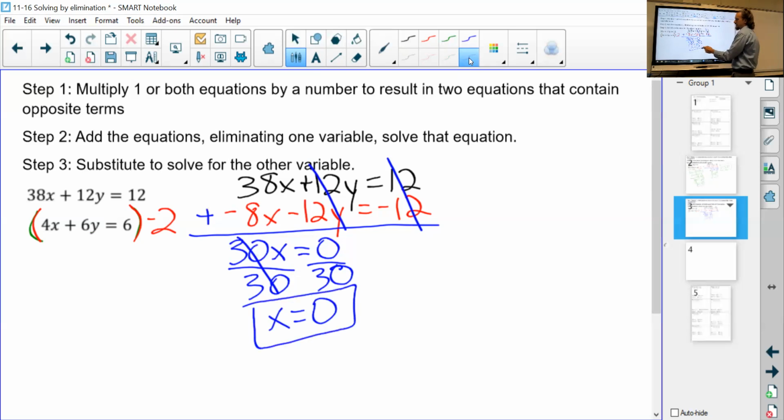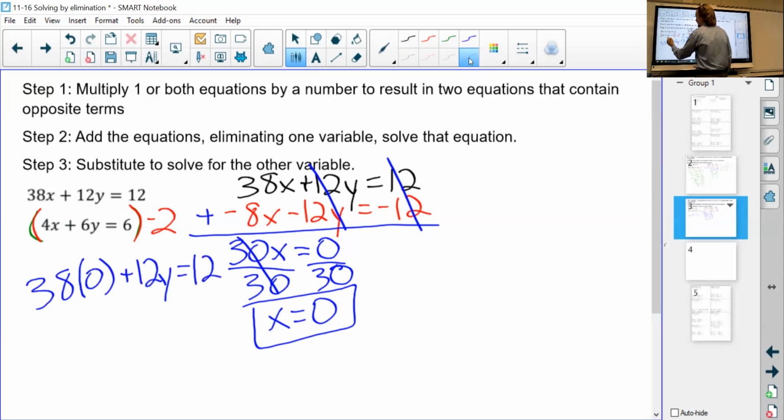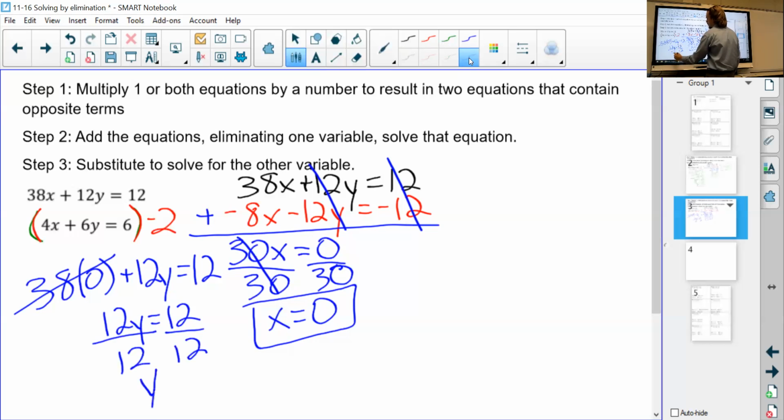And now we just take that, put it back into one of our equations. Let's put in the top one. So 38 times 0 plus 12y equals 12. So 38 times 0 is nothing. So 12y equals 12. Or if we divide both sides by 12, we get y equals 1.